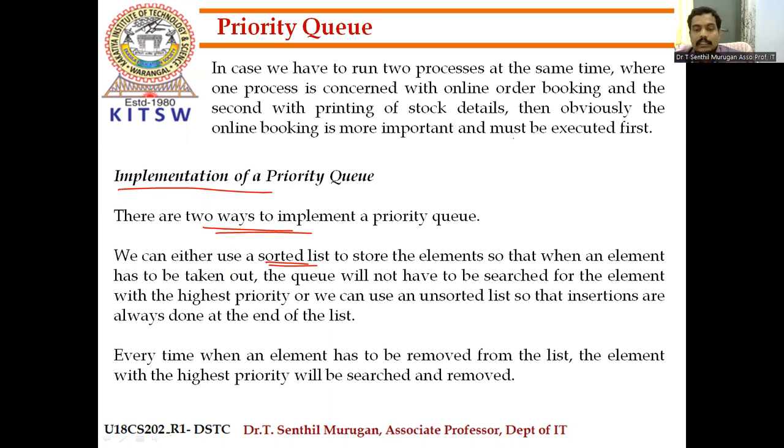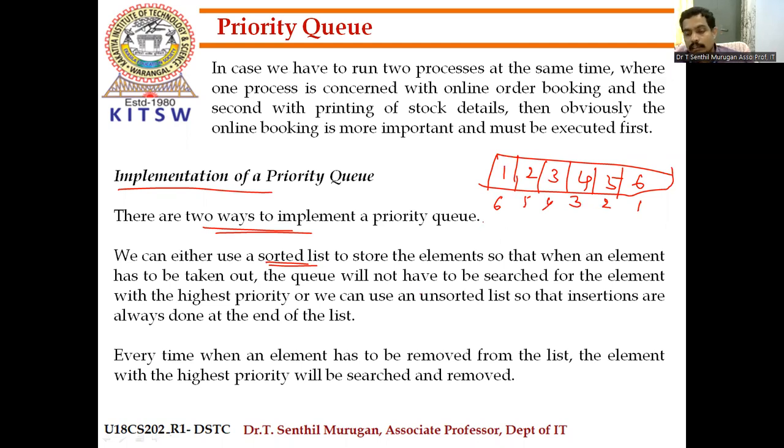Consider this queue where the elements are sorted 1, 2, 3, 4, 5, 6. If sorted, we know it is on a priority basis, with the highest priority first.